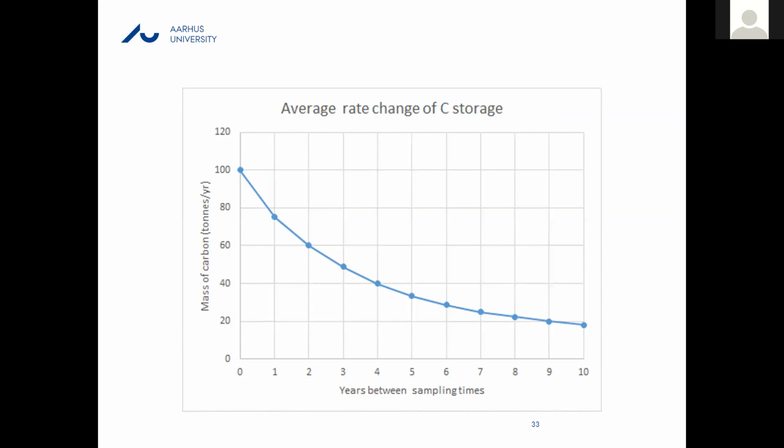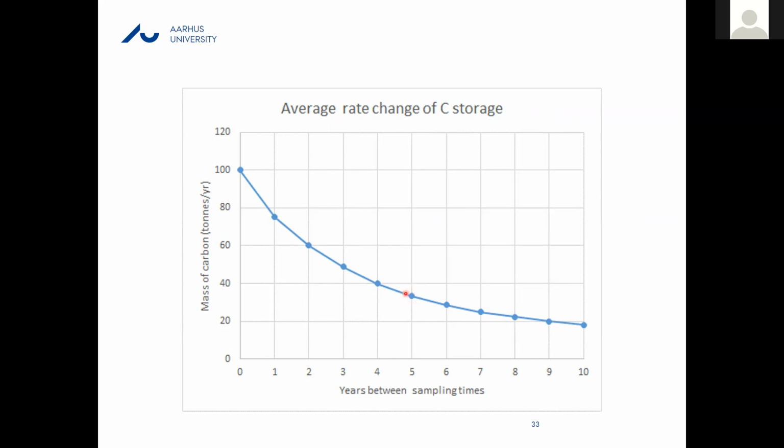So if we calculate the average rate of carbon storage, we see it falls progressively over time, starting at the 100, which is what we're actually putting into the soil each year. It falls progressively. Remember that after year 5, there is no net increase.